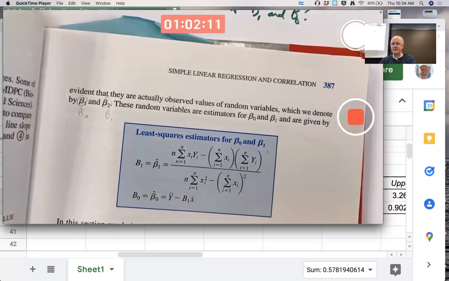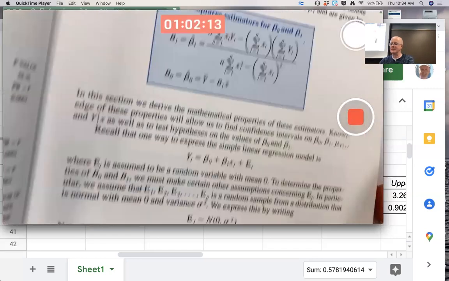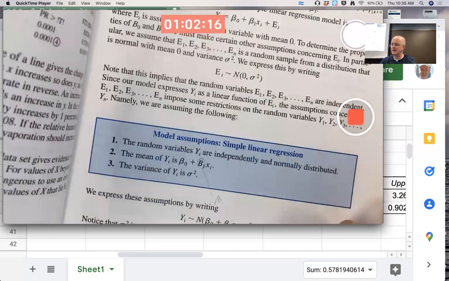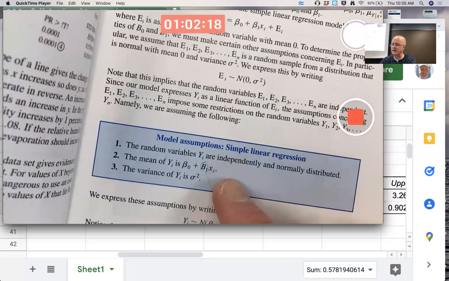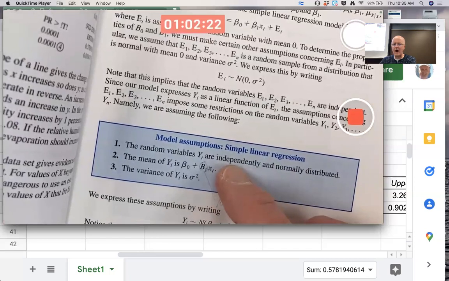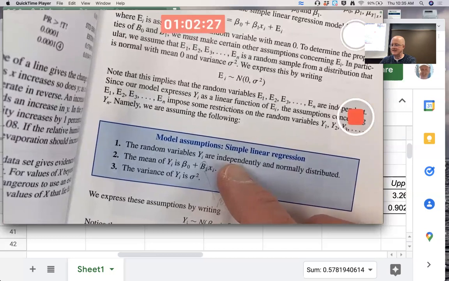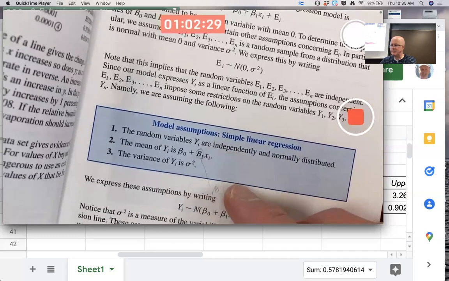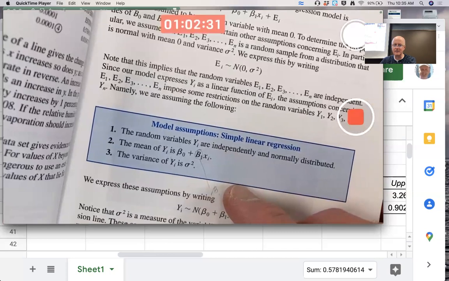Another bad typo is further down the page in this box, which summarizes, at least in these two parts, what we already just said. The mean of yi is beta 0 plus b1 xi? No. B1 is a statistic, not a parameter. Replace B1 with beta 1.